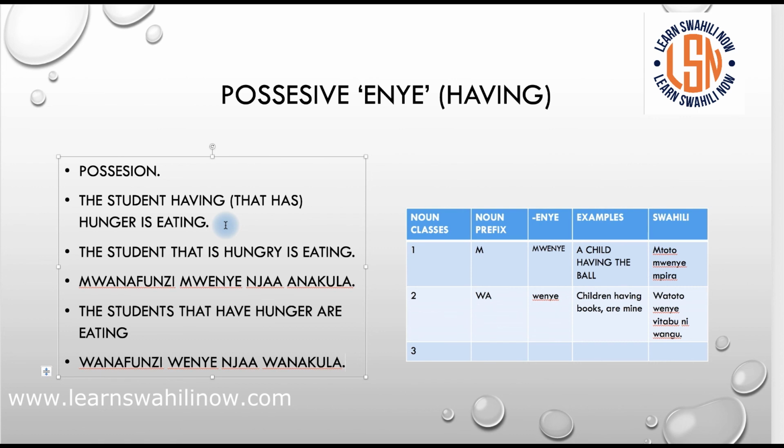It changes according to the noun classes, and you simply have to either affix a portion of the demonstrative or a portion of the noun prefixes. So only for the first two classes will you use the noun prefix, and then the rest will change according to what the demonstrative is. But that is a story for another time.